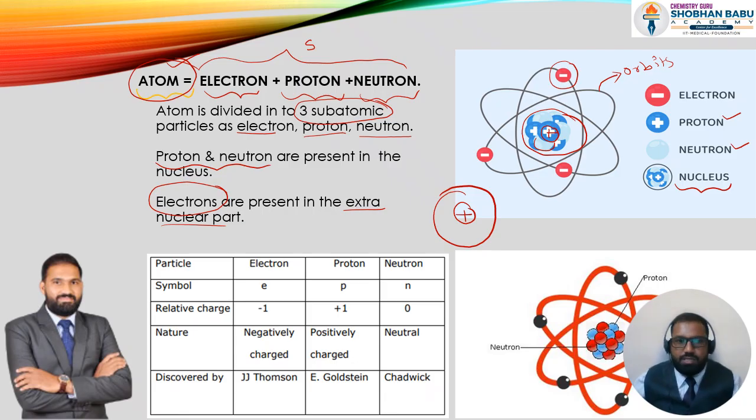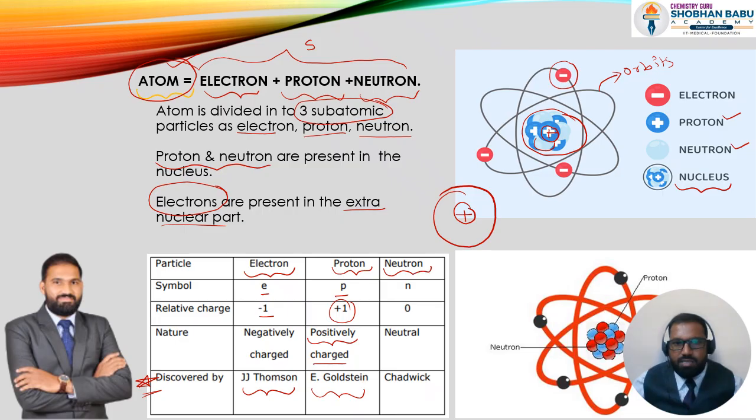Now let us see somewhat more information about this. Electron is represented with small e and its charge is 1 unit negative charge, and it was discovered by J.J. Thomson. It is very important to know who discovered it and what its charge is. The proton is represented with P, it has 1 unit positive charge, and it was discovered by E. Goldstein.